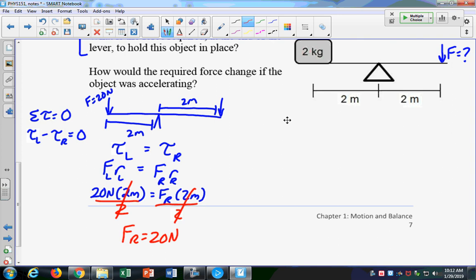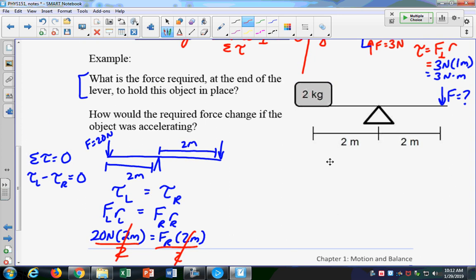All right? Let's say, for example, instead of my force being there, I wanted my force to be here. First of all, I'll call this F1, and I'll call this F2. The reason I'm calling it F1 is because it's going to be at a distance of 1 meter.